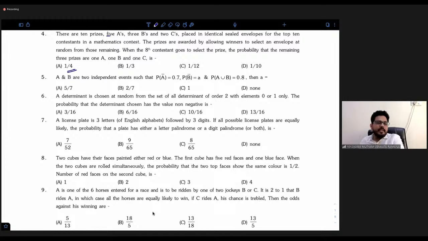Somebody is suggesting I Google it, sir. Not required, beta. Let me understand the question properly. Google is not required for us.